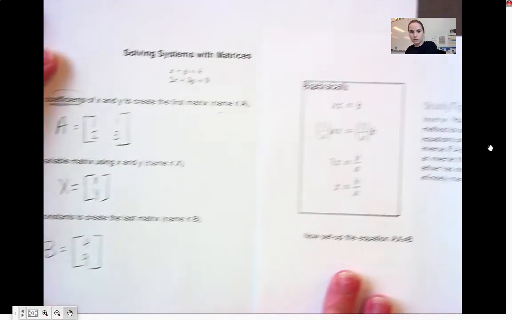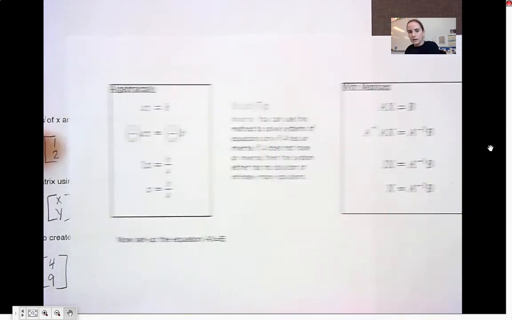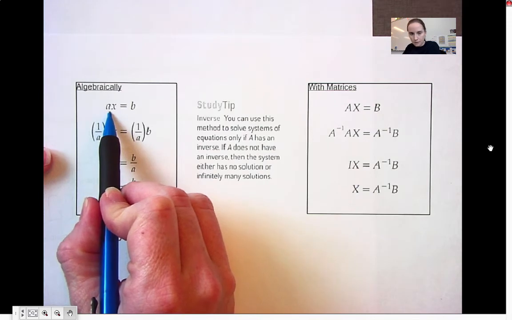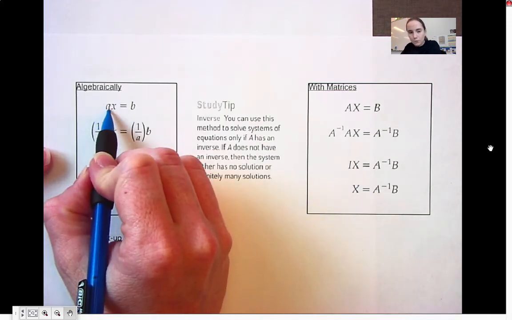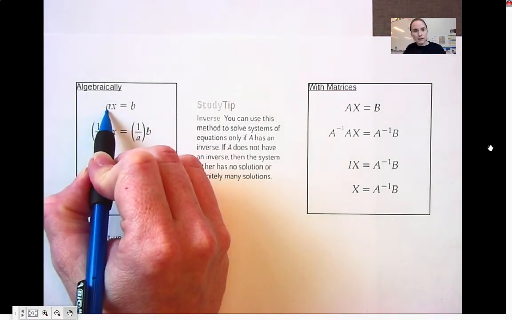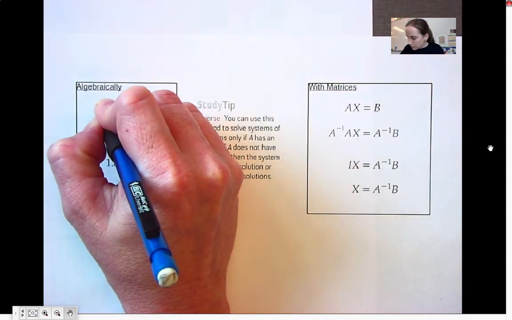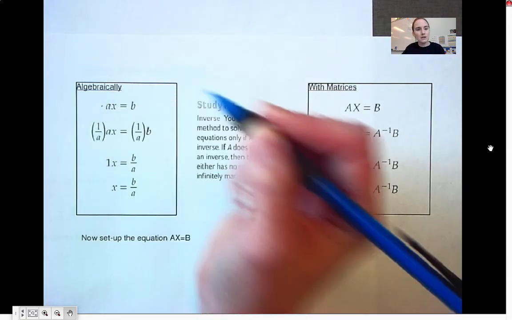Now, if you look to your next page, if you will recall, if you're solving a problem, in order to get rid of A, we say divide by A, but that is the same as multiplying A by its inverse.